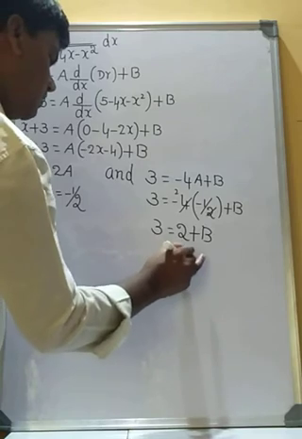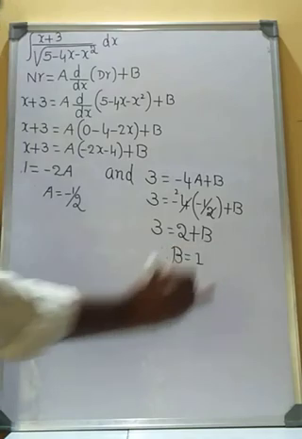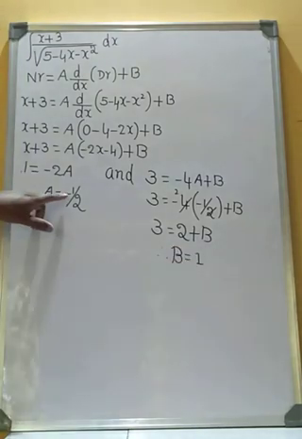Therefore b equals 3 minus 2, which is 1. So b is 1 and a is minus 1 by 2.